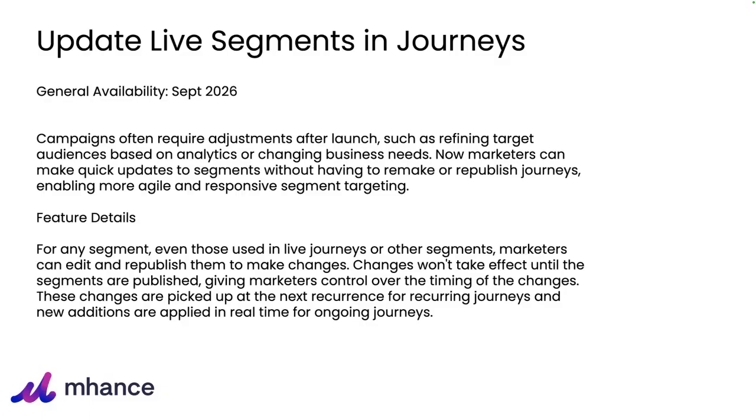It's live and you'd have to unpublish it and tweak it. So this is a feature you're not really going to notice coming, but it's just going to save you time and money and effort in terms of how you orchestrate elements in the future. So that ability of tweaking the segmentation, maybe you've got the wrong cohort of users, that just makes your life easier. So expect GA in September.